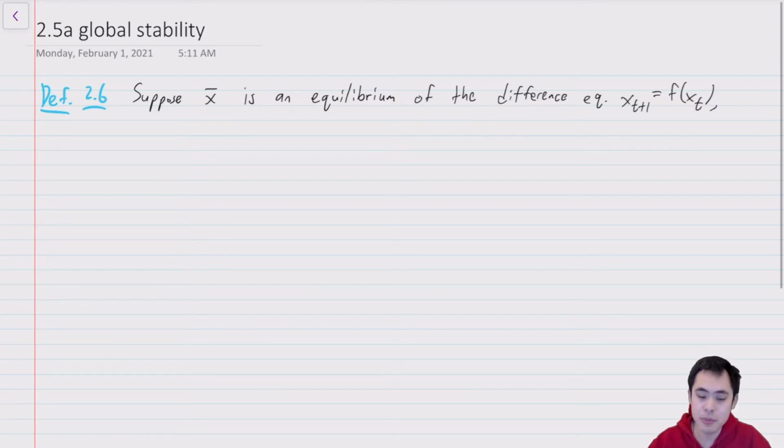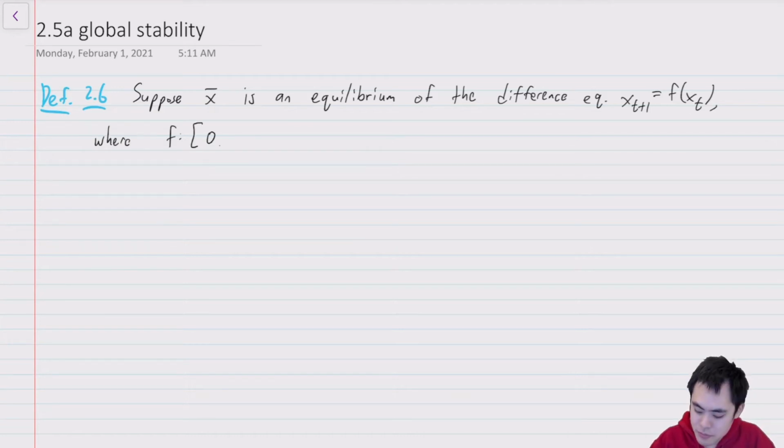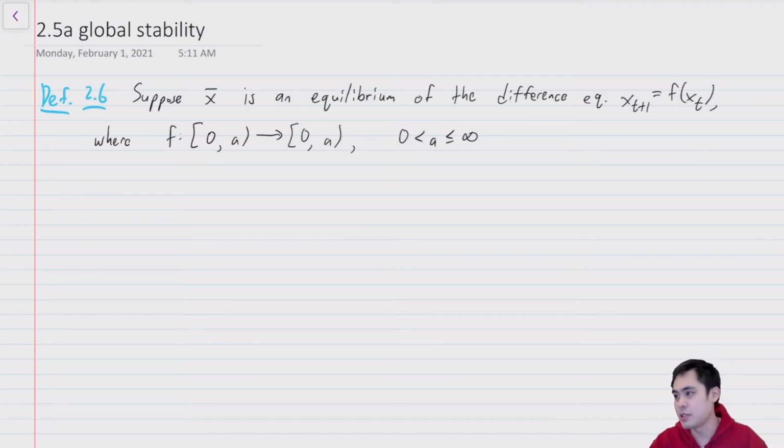So the standard setup, where we're going to have f be a function from 0 to a to the same interval, 0 to a, where a could be infinity or it could be some smaller number. But the important thing here is we're going to restrict it to be positive.